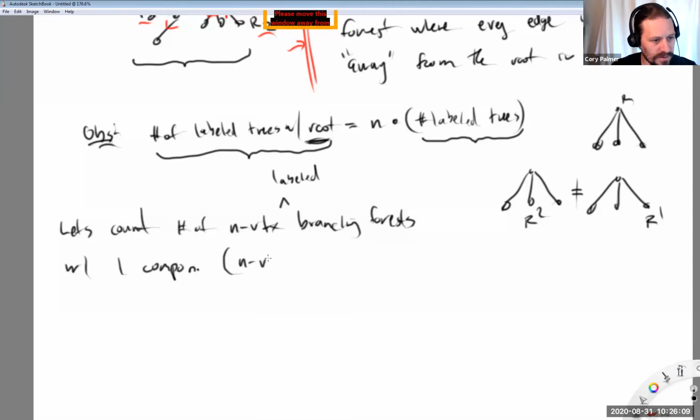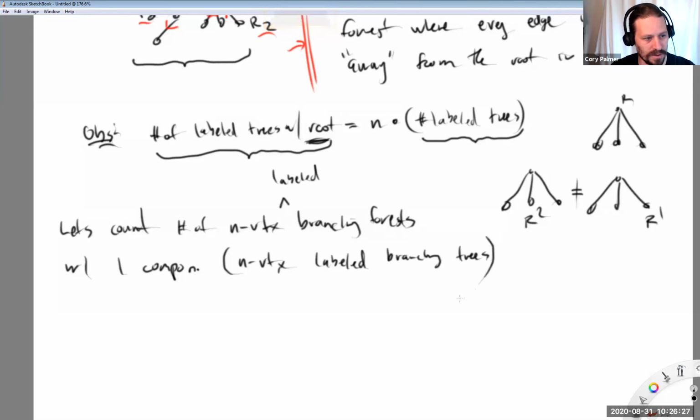Okay, so n vertex. In some books, when they prove this, branching forests are just assumed to be labeled. Since they're only being used in this proof, we might as well just not include that in the definition. But n vertex labeled branching trees, that's all that is, okay?